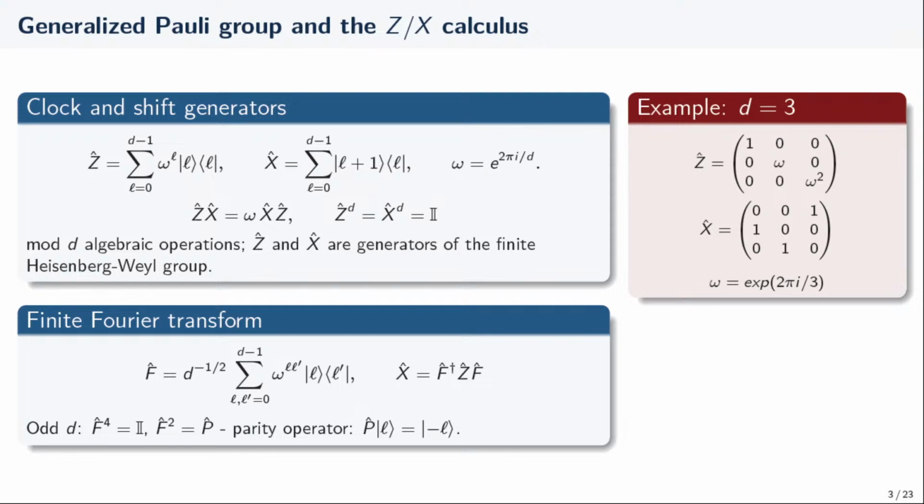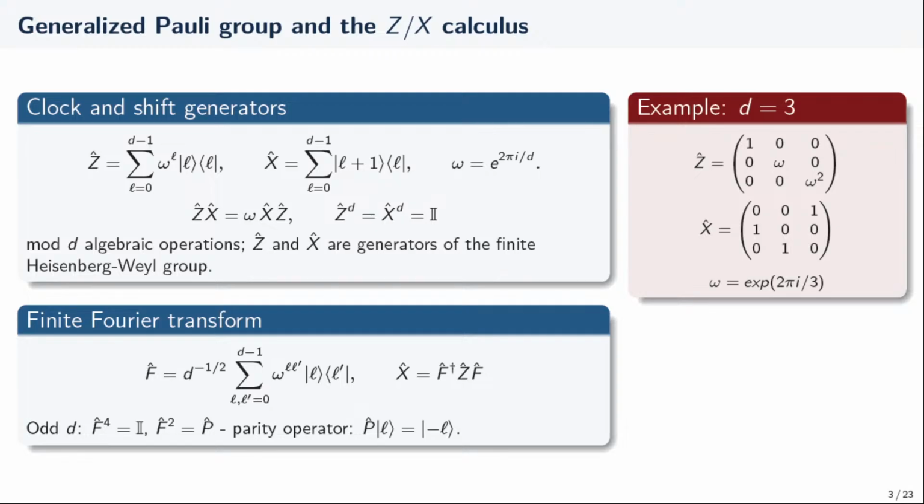And there is another tool which is usually called the finite Fourier transform, which allows you to go from Z to X operator, like in the usual continuous case, we switch from X to P. So in this case, we switch from Z to X by transforming one of those by the Fourier operator.